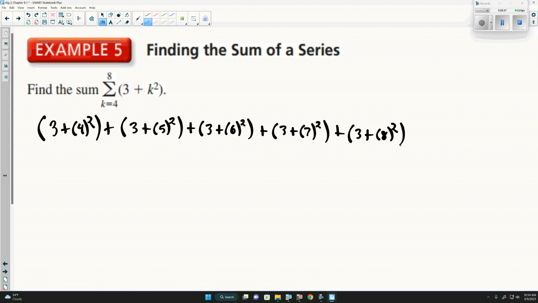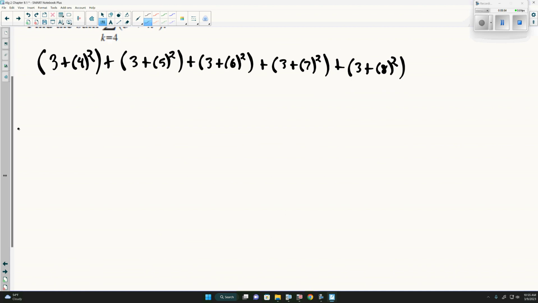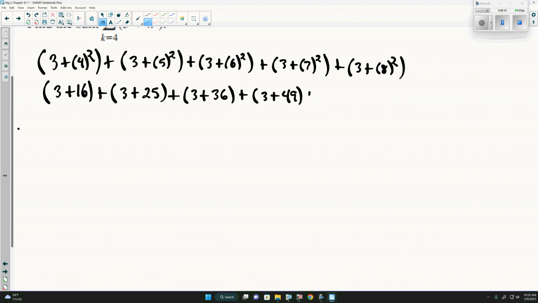Now we just need to simplify it. Now at this point, you can plug the whole thing into the calculator as it is with parentheses and all, and it'll give you your answer. Well, 4 squared is 16. 5 squared is 25. 6 squared is 36. 7 squared is 49, and 8 squared is 64.